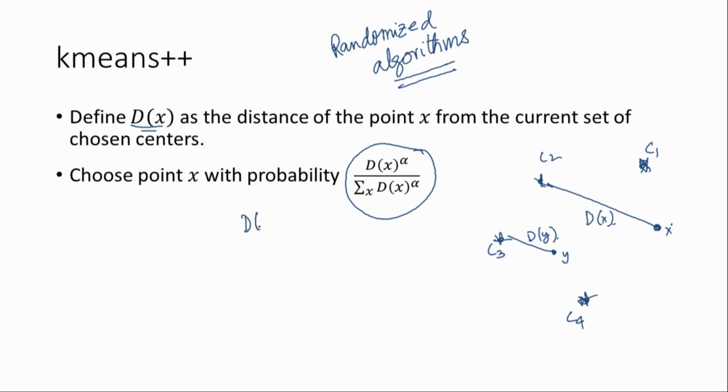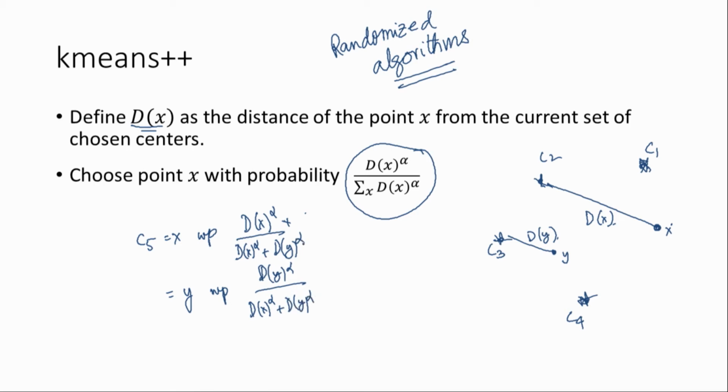Then the next center C5 equals x with probability d of x to the power alpha divided by d of x to the power alpha plus d of y to the power alpha, and C5 equals y with probability d of y to the power alpha divided by d of x to the power alpha plus d of y to the power alpha. If there are only 2 points, this is the probability distribution. If there are 10 points, then there are 10 such lines. That's how we choose the next point. What is alpha? I'll come to that.